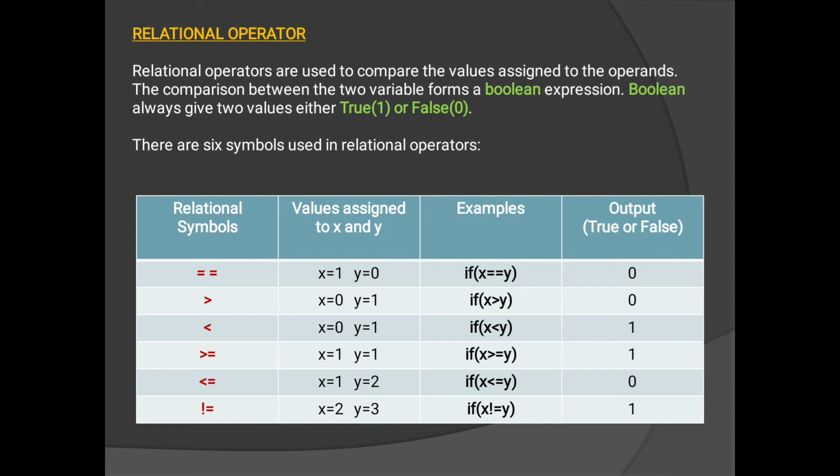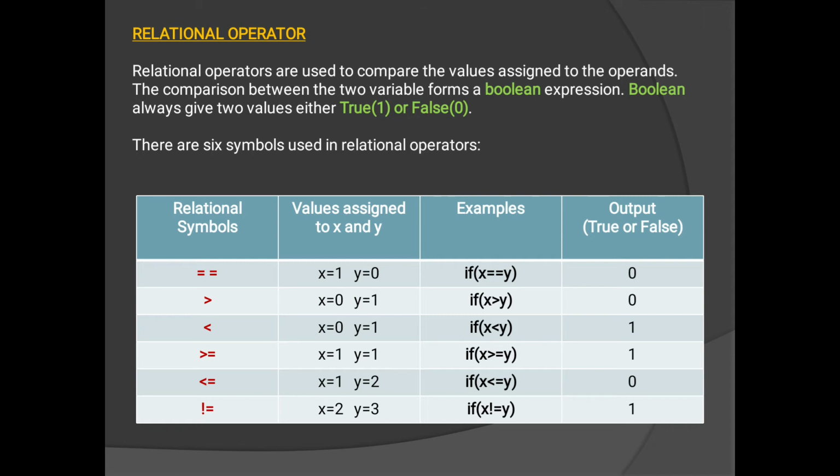Most often a cout statement will be executed, like "x and y values are equal." Similarly, a greater than symbol is used, a less than symbol is used. In the case of the greater than symbol, you can see that the x value is 0 and the y value is 1. So 0 is greater than 1, which is false.